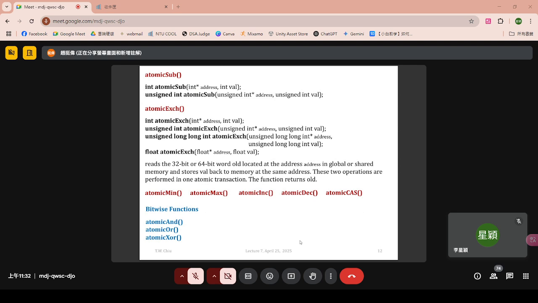Also the atomic subtraction, and unsigned integer atomic subtraction, and also atomic exchange, where you exchange two values.